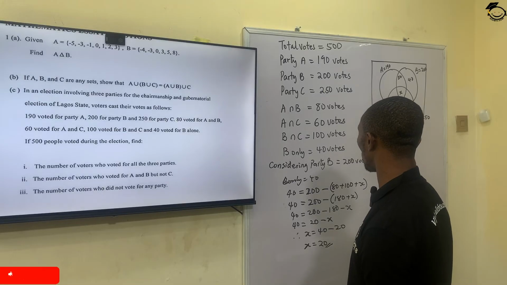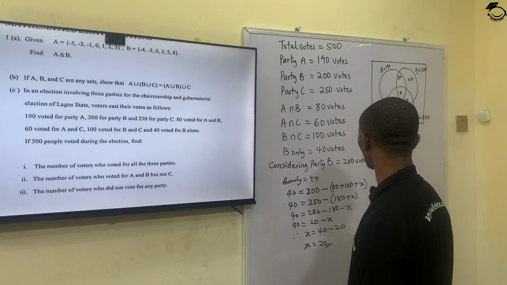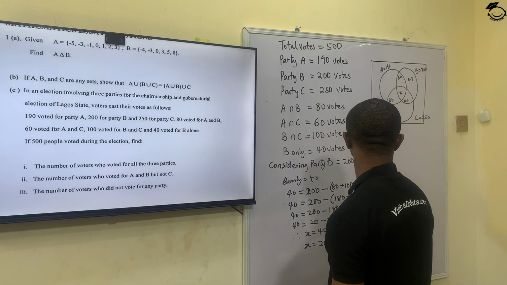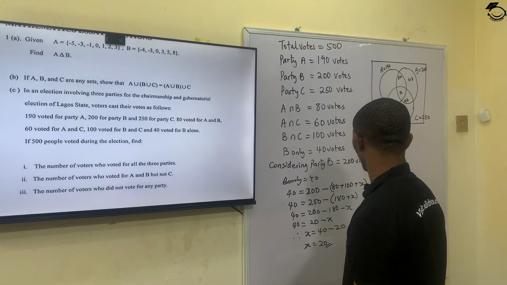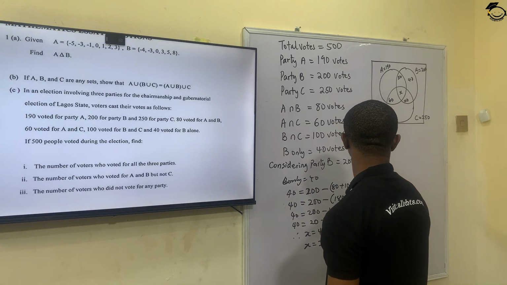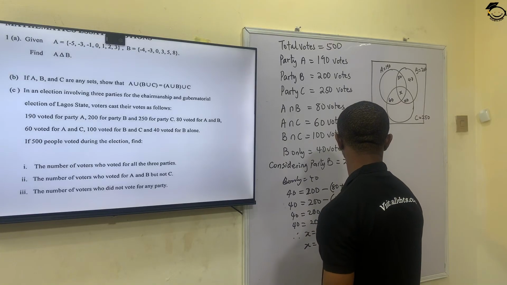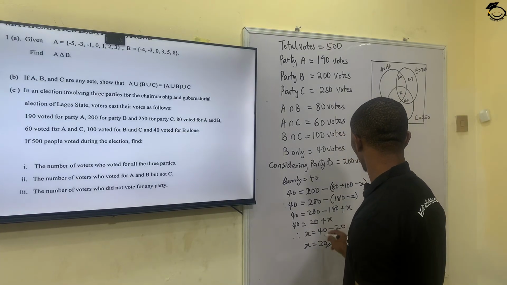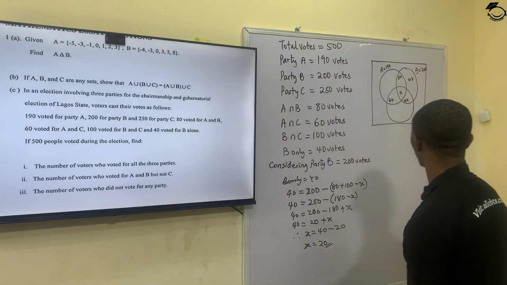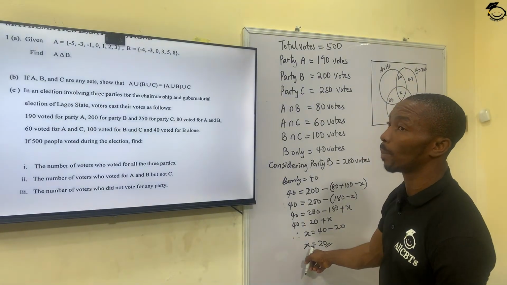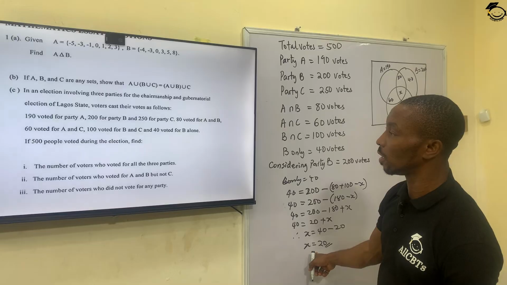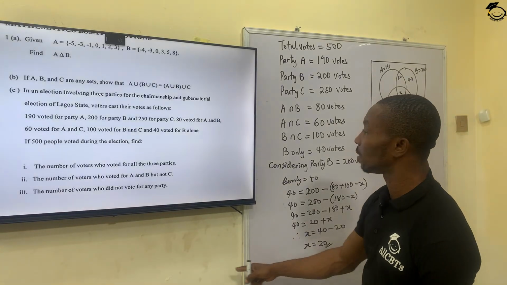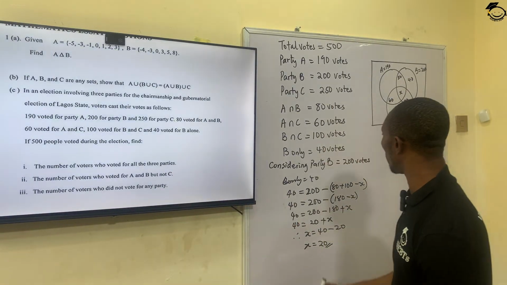So if our x equals 20, that means the total number of people that voted for the three parties will be 20.